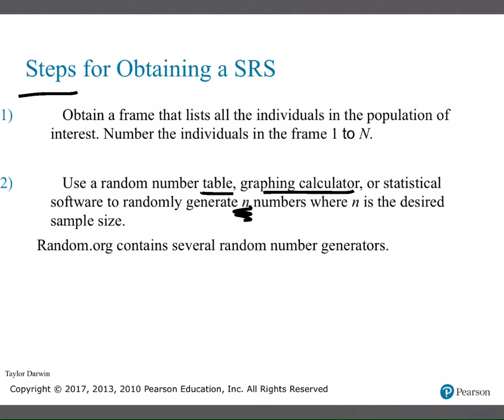So maybe our n, let's say I'm talking about Midland College. We've got 5,000 people. Maybe my n is decided to be 100, which means I need to ask 100 people whatever it is that I'm going to ask. Maybe I ask them if they have a dog. I don't know, that's the data I'm collecting.